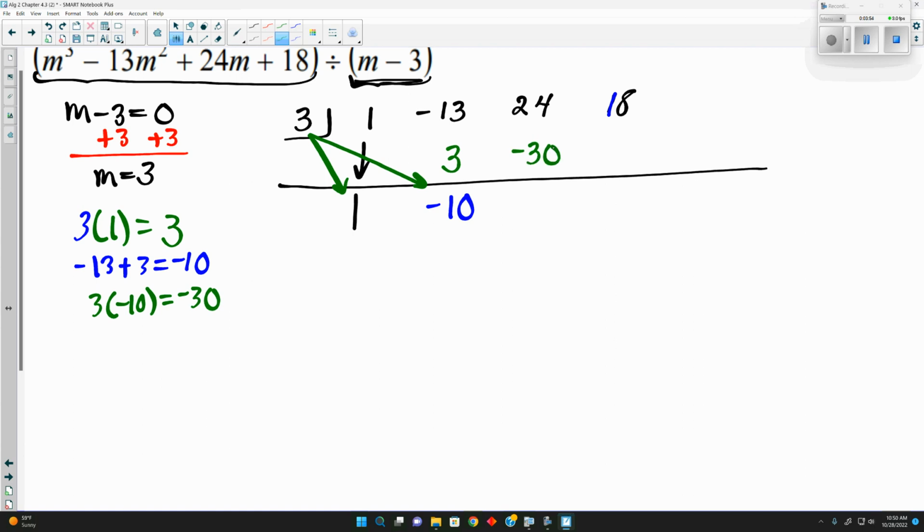We put it under the next number. Add straight down. Negative 30 plus 24 is negative 6. Multiply again. 3 times negative 6 is negative 18.